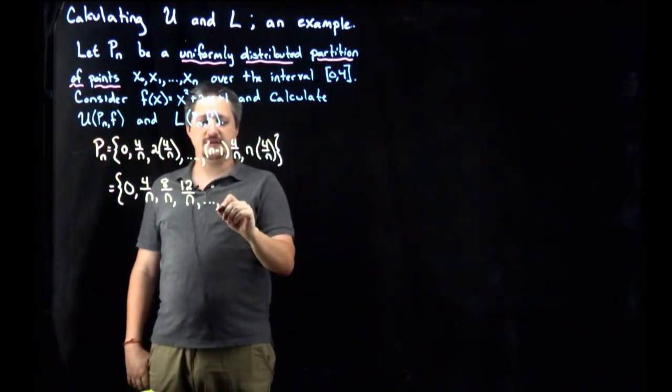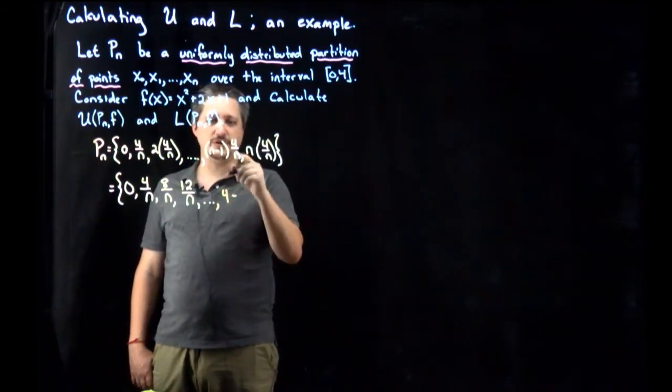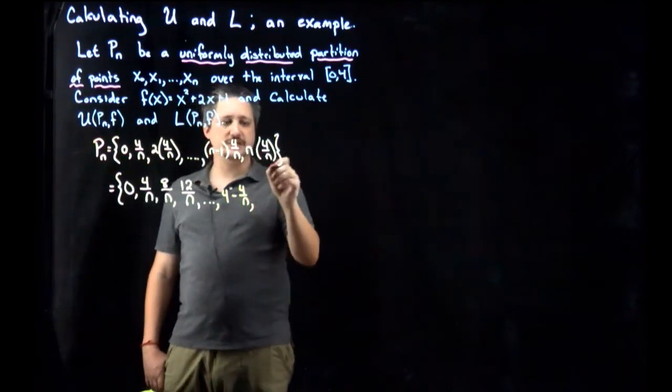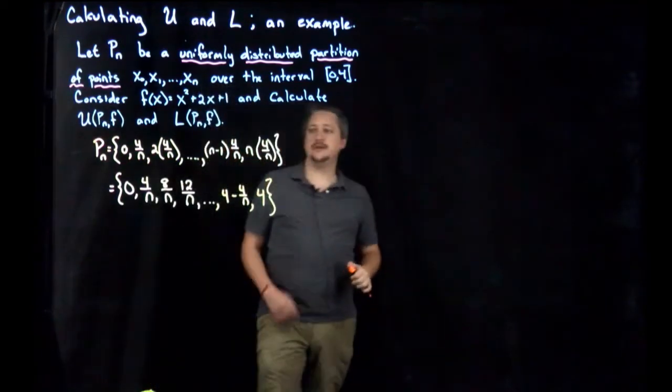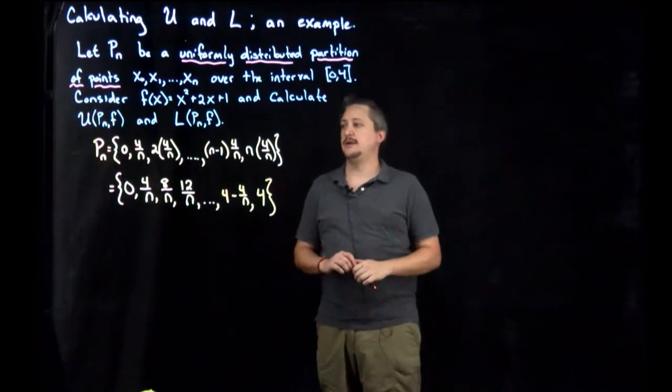So I'm going to write this as 4 minus 1 iteration, minus 4 over n. And then my last one, these cancel, and I get 4.